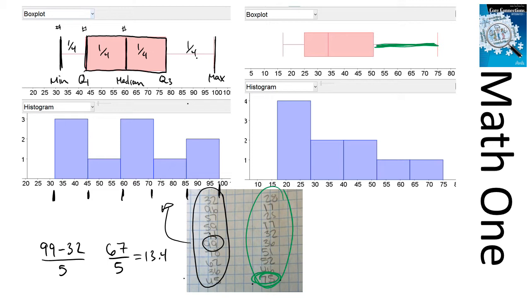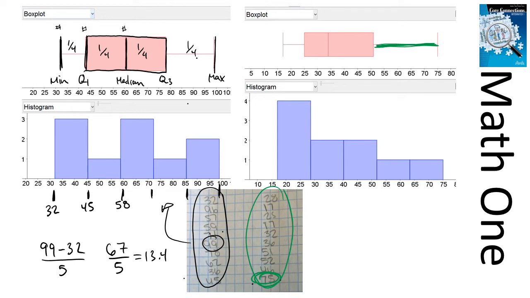I would start at 32 for my min, and then I would add like 13 to that. So if I add 13 to the 32, that gets me to about 45. And then if I add 13 to that, I'm at about 58.